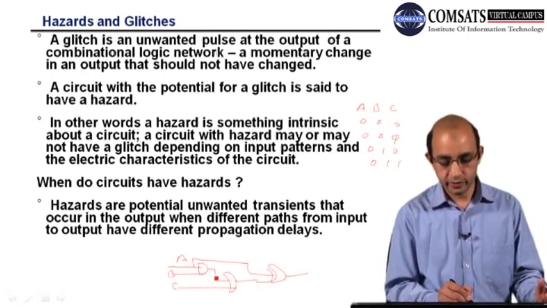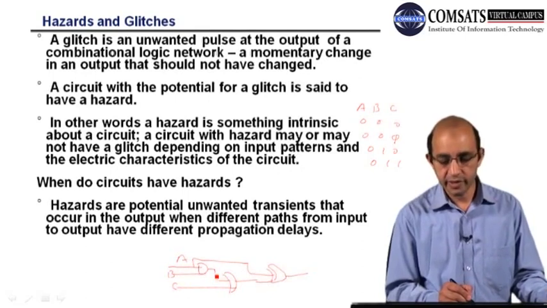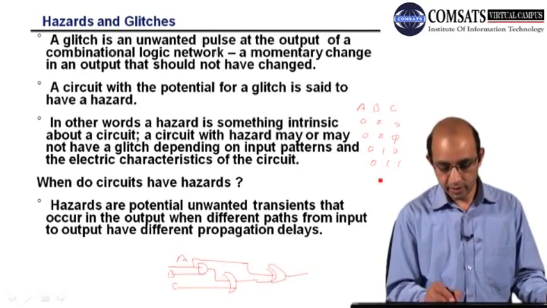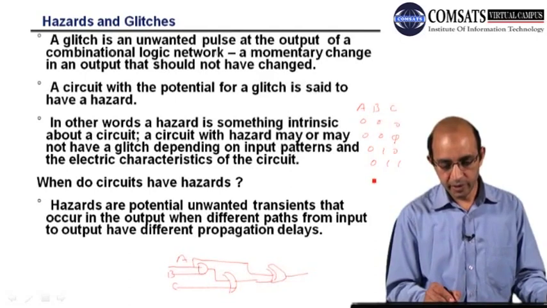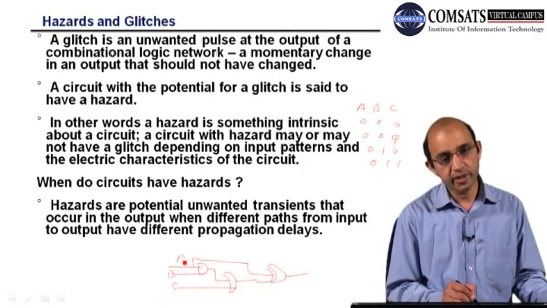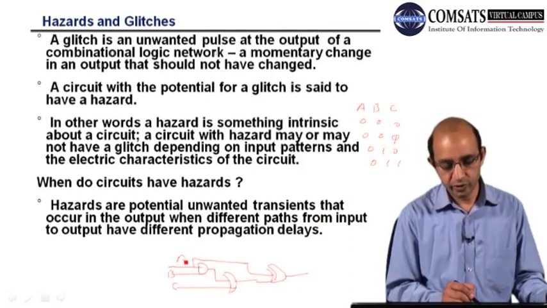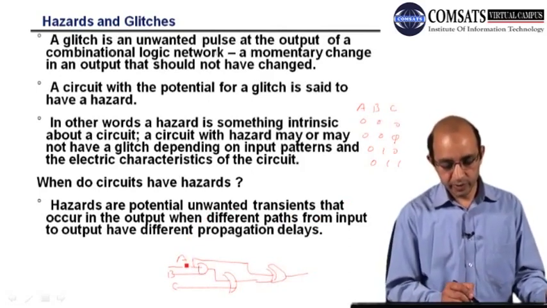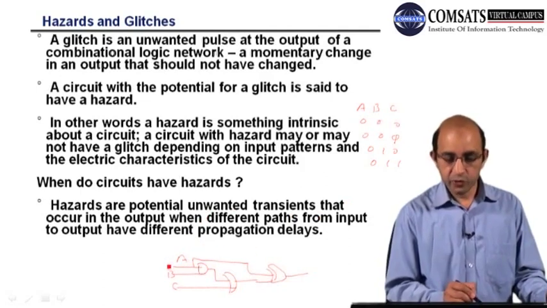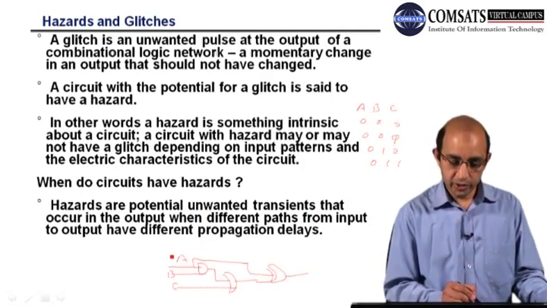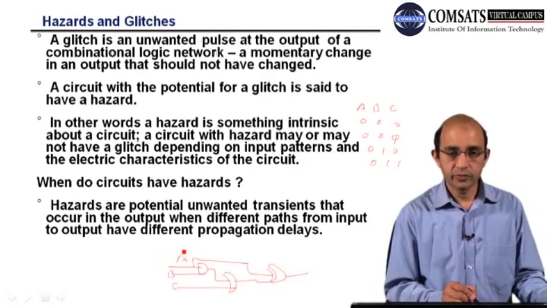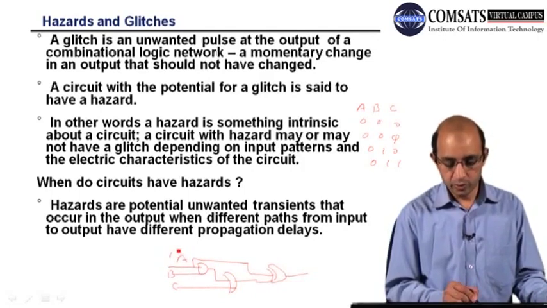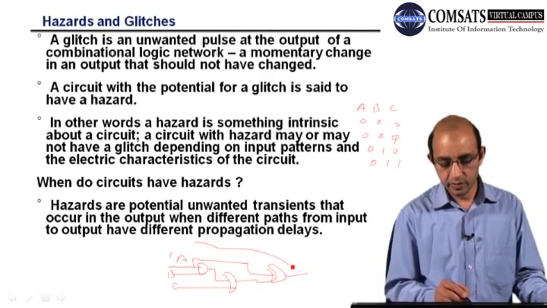So we have 3 inputs, so there can be different possible combinations as I have mentioned, and we have 8 different possible combinations of input pattern. We can have 1, 1, 1, or we can have 1, 0, 1, and so on and so forth. But if we talk about the propagation from input to output, there are different possibilities.